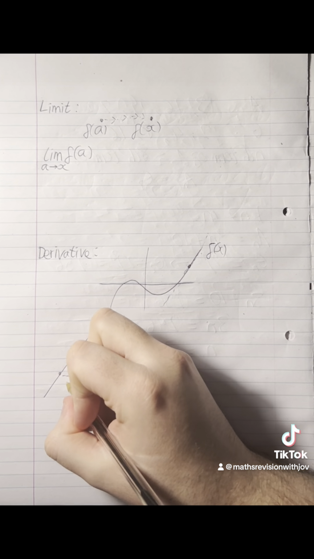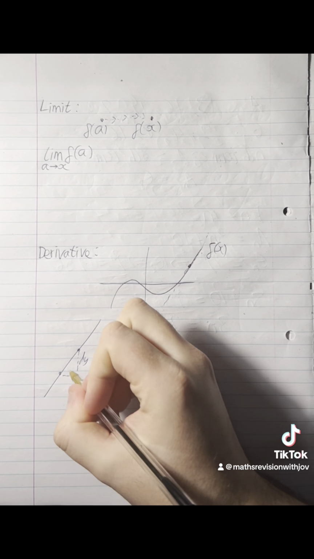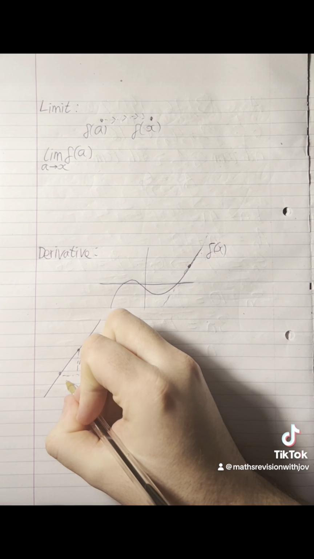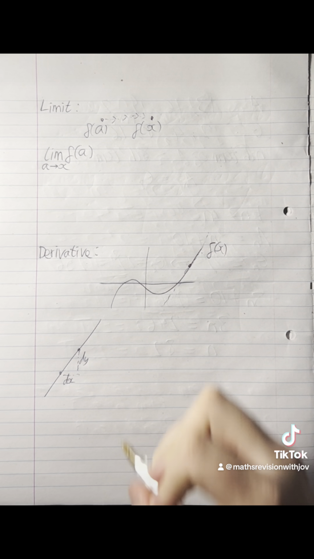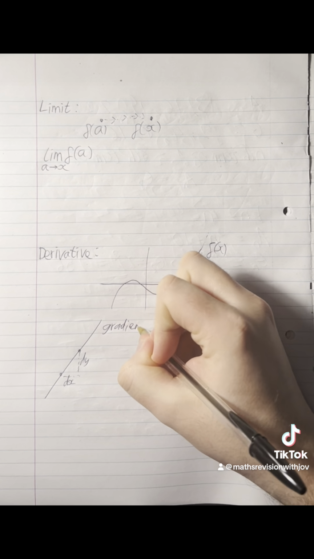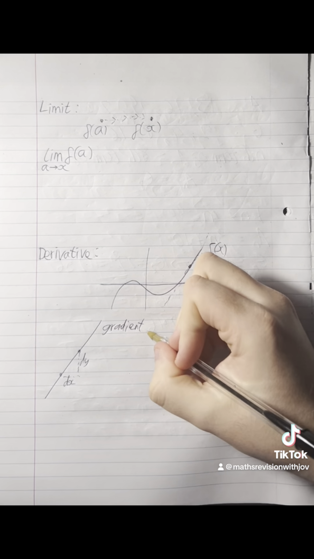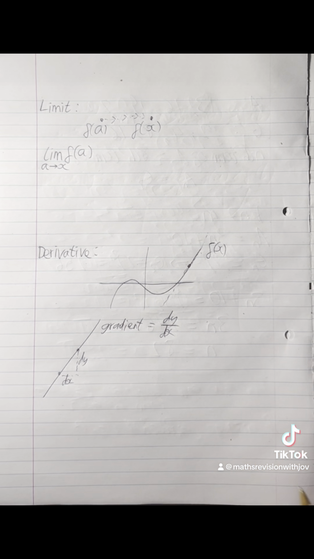We've got the difference in y, which we're going to call little dy, and the difference in their x, which we're going to call little dx, and the gradient of this straight line, if you will, is dy divided by dx. You may have seen this notation before, and if you have, then the next bit is going to be quite straightforward for you.